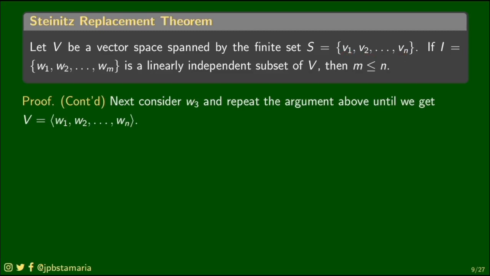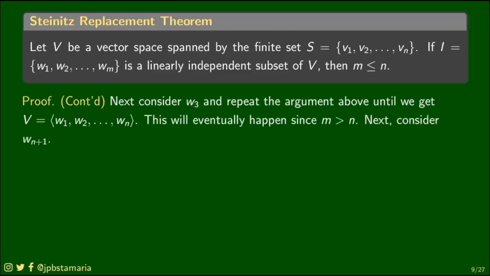Now take note that M here is different from N. M is actually greater than N. So aside from W1 up to Wn, there are more W's available. So in other words, there is still W sub n plus 1. This will happen because, again, just like what I've said, M is greater than N. And because M is greater than N, W sub n plus 1 still exists.